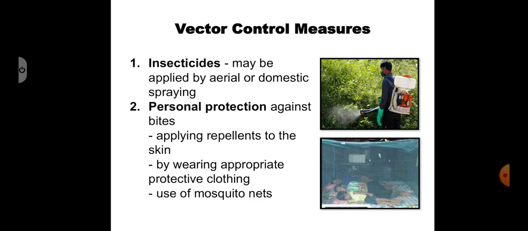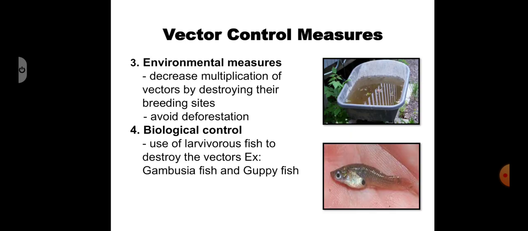Now let us look at how we can control these vectors. One is by spraying insecticides at home and in the environment, by personal protection, by wearing appropriate protective clothing, using mosquito nets and applying repellents to the skin. Environmental measures include decreasing the multiplication of vectors.